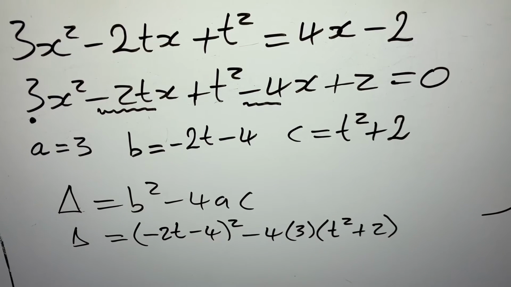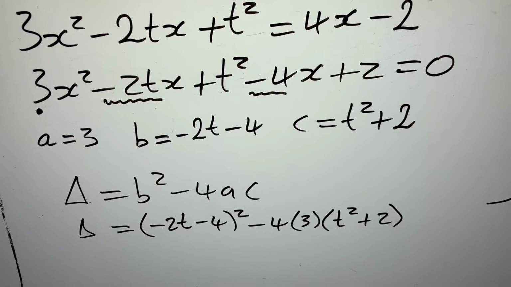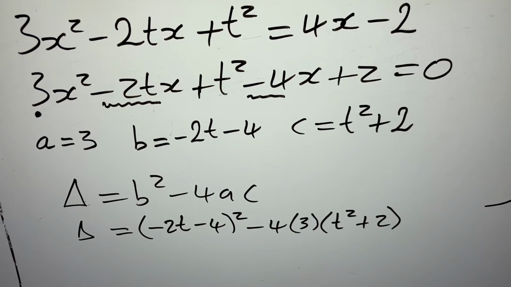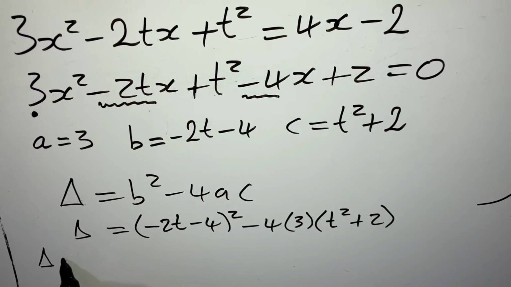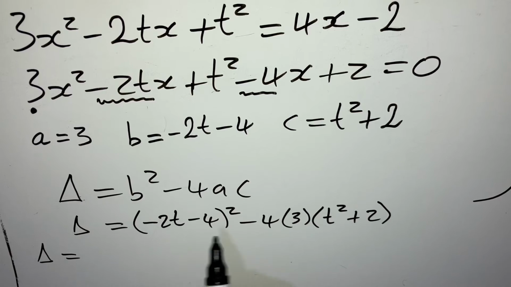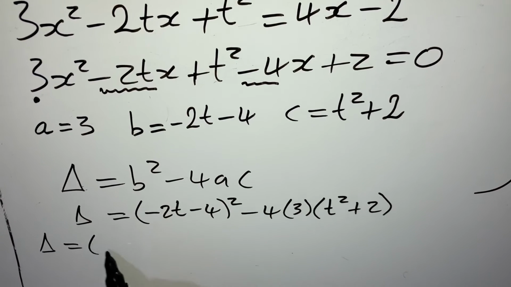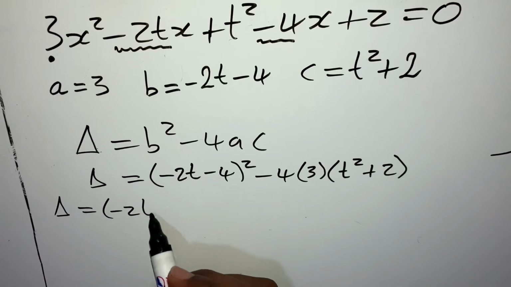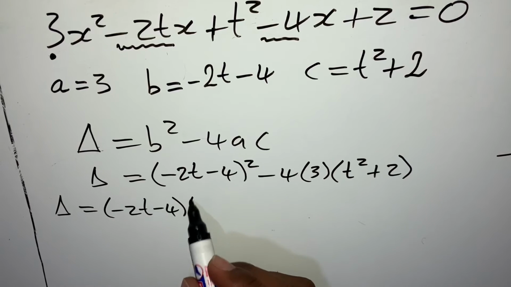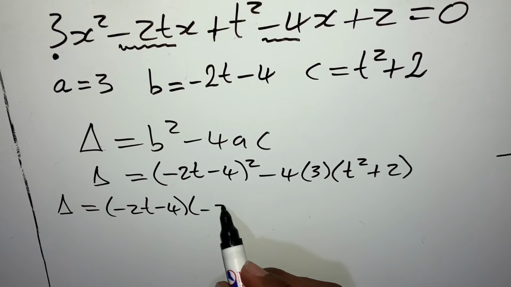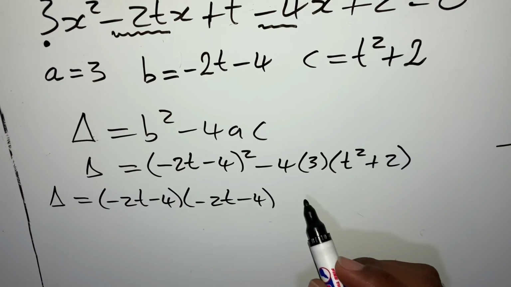Then from here, we are going to multiply out. So our delta is equal to the same bracket twice, which is negative 2t minus 4, negative 2t minus 4.